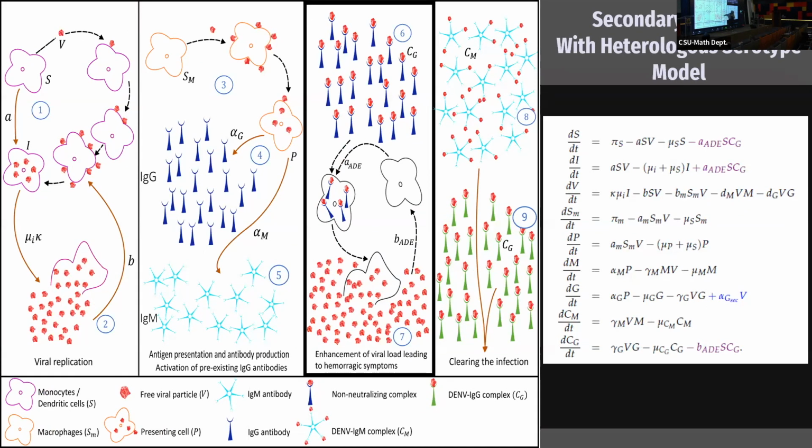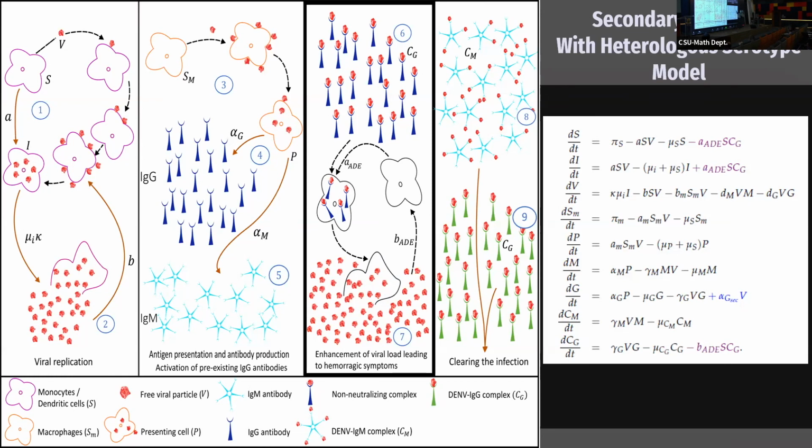But at the ADE level we have a more complex situation: enhancement of viral load leading to hemorrhagic symptoms. Sometimes the patient will experience hemorrhagic symptoms at this stage, and then it is not easy to reach clearing of the infection because perhaps they need blood infusion.